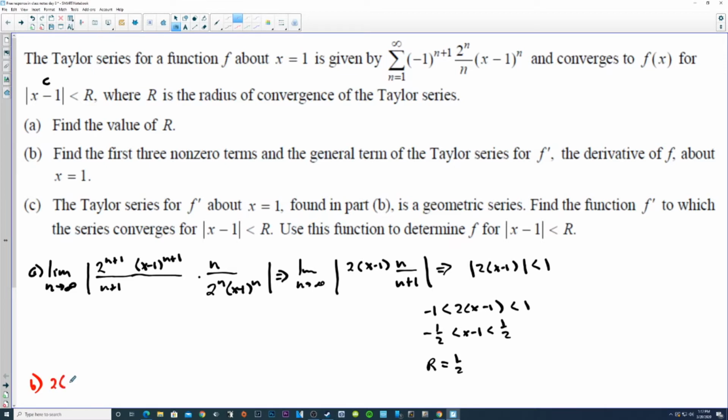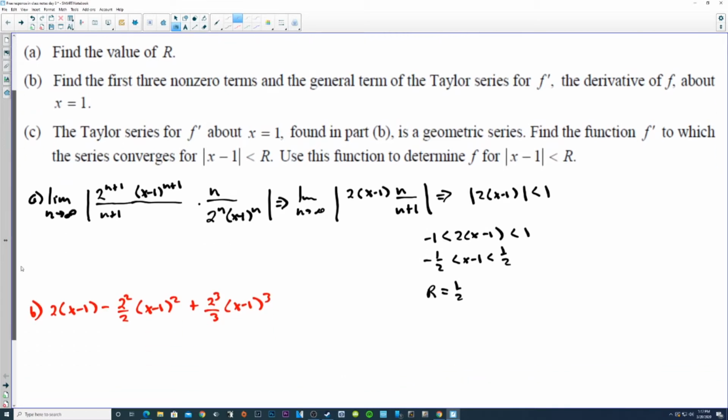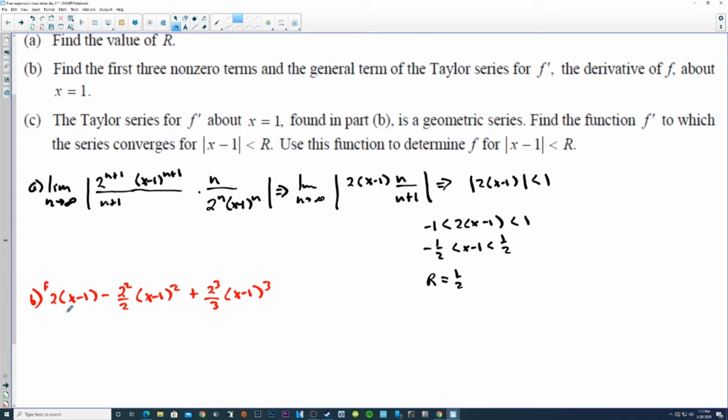So 2 times x minus 1 to the first, and then minus 2 squared over 2 times x minus 1 squared, and then plus 2 to the third over 3 times x minus 1 to the third. And it says the first 3 non-zero terms, we got that.